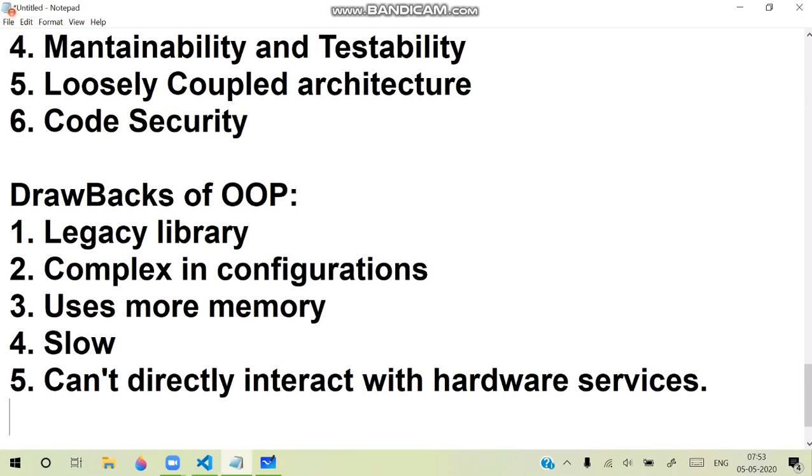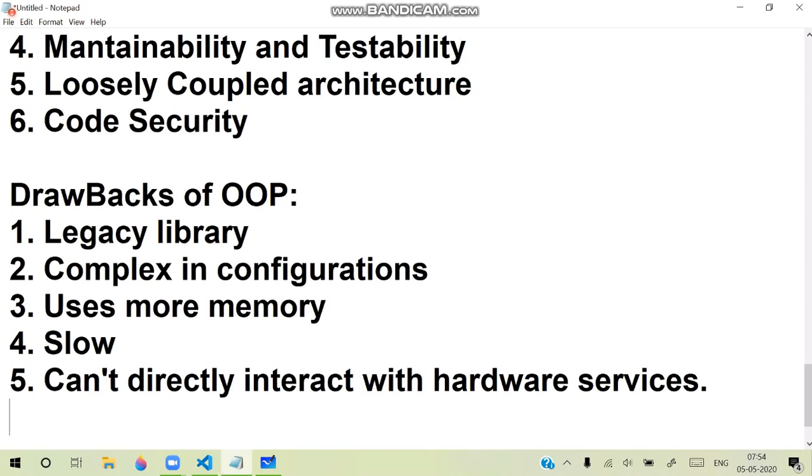It will have remote access in microwave ovens. All these need a program which can directly interact with their hardware. That means you push a button, and it should control the speed of the fan. OOP languages cannot do this directly. That is the problem. So you cannot say that everywhere it is object-oriented programming.